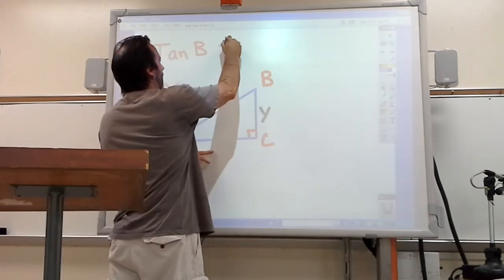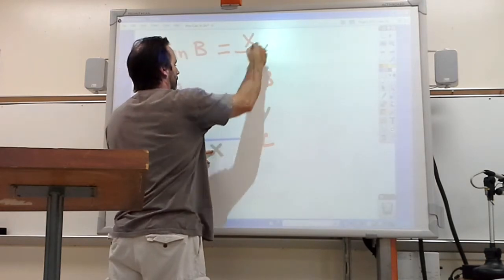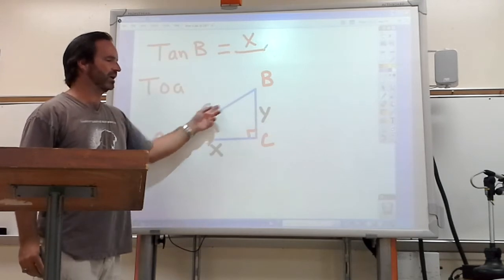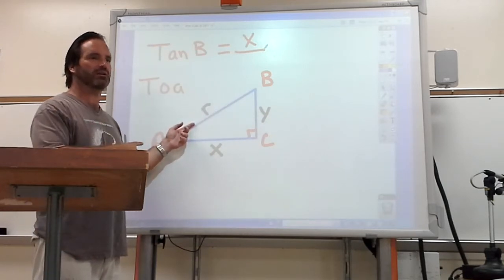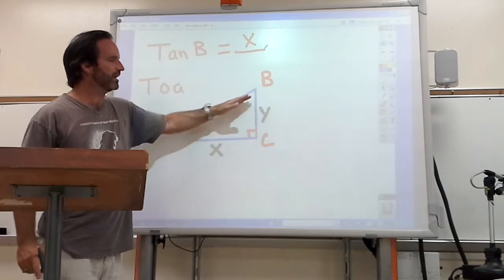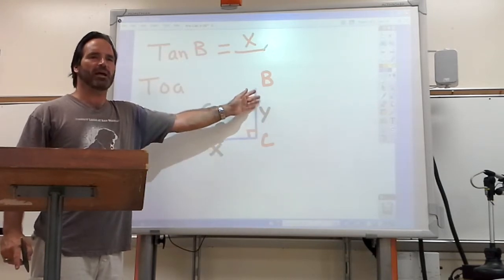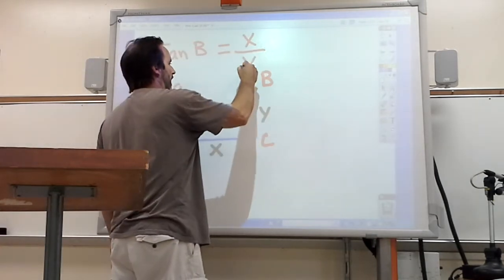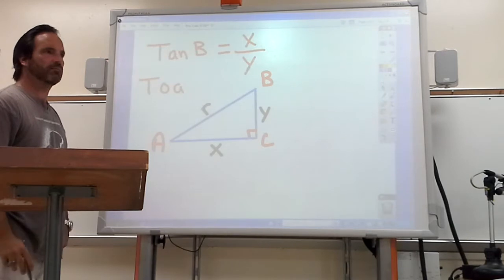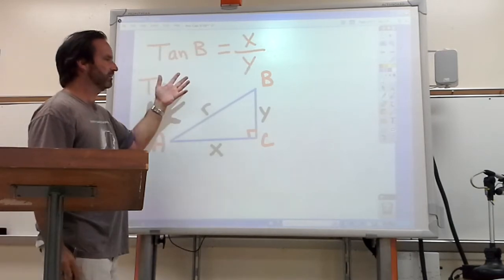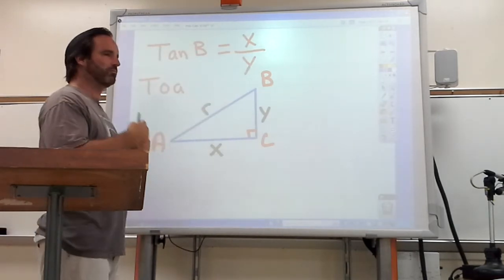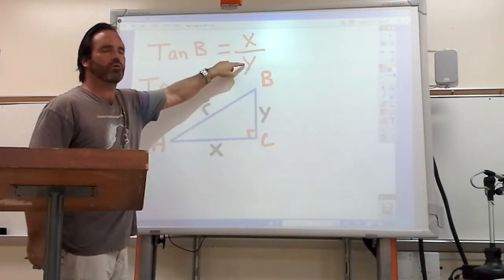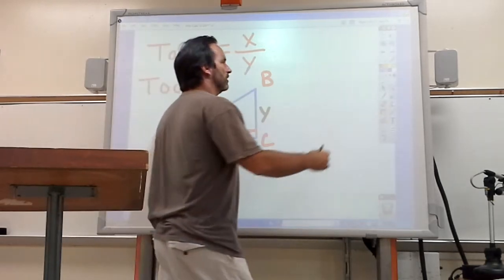So that's going to go on top. And what's adjacent? Well, remember, this is adjacent, but that's the hypotenuse. We know that's h. Here's adjacent because the adjacent side helps make that angle we're talking about, in this case B. So x over y. Okay? The tangent of B, if it's 60 degrees, when you plug in tangent of 60, you get some number. That's the same number that you get when you get x over y.